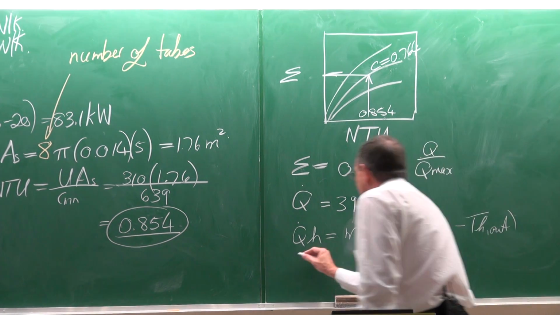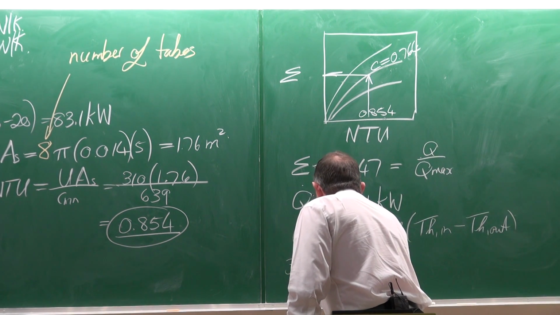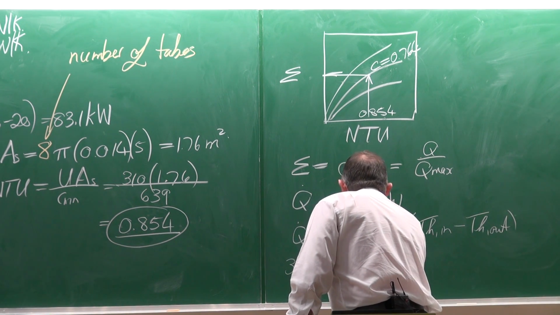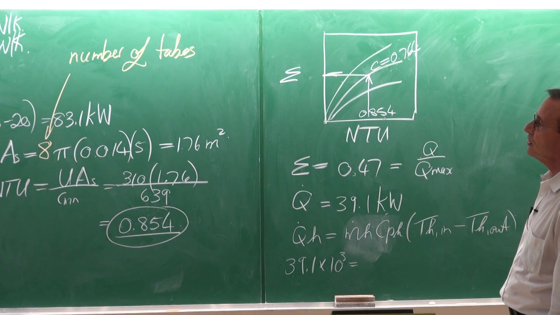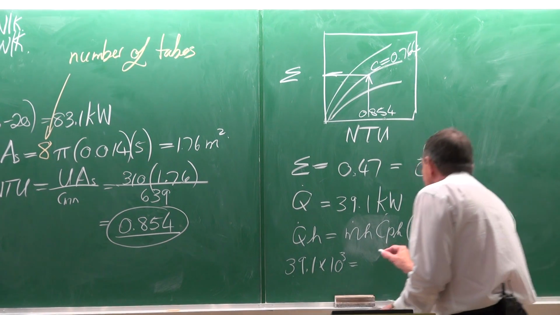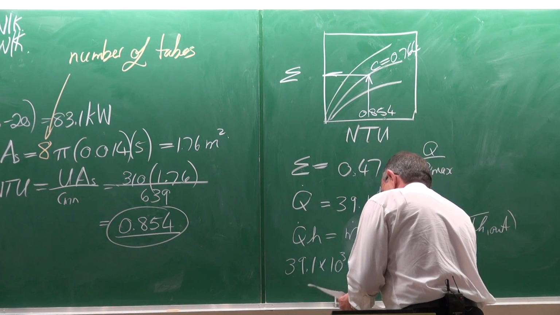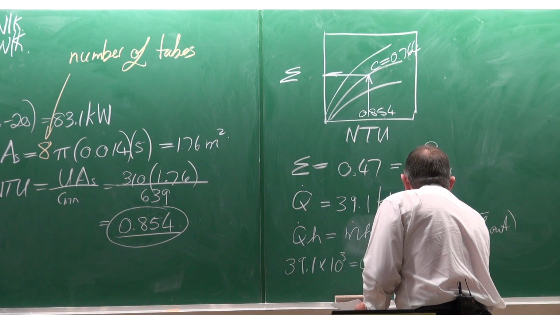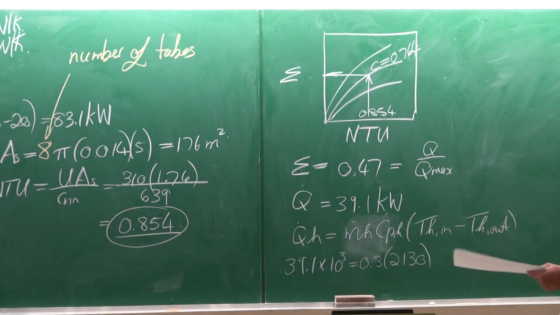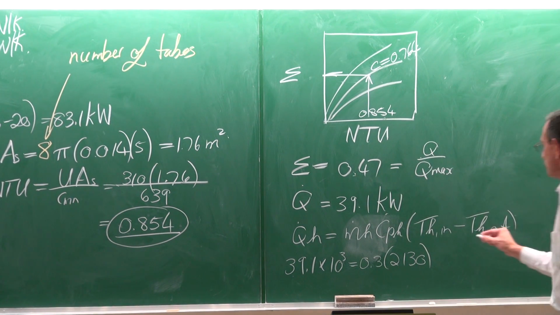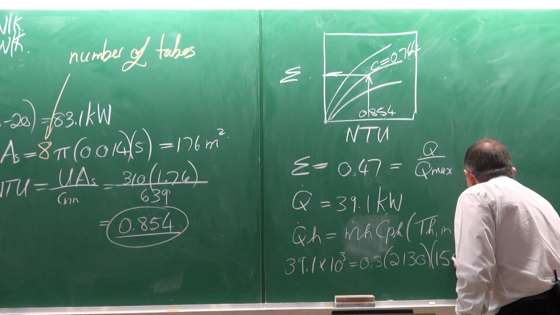The heat transfer rate is 39.1 kilowatts. The mass flow rate on the hot side is 0.3. Cp value is 2130. The inlet temperature on the hot side is 150.